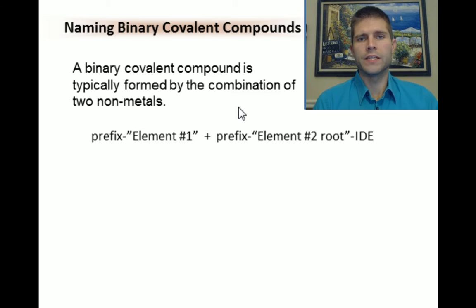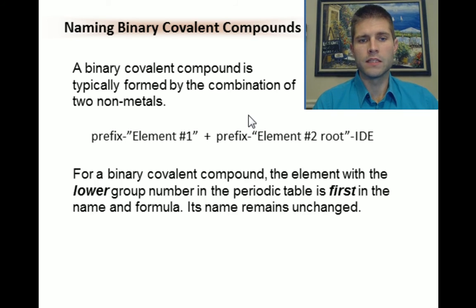Now, how in the world do we know which element we're going to be writing first? Because in the ionically bonded system, the cation is always written first. So how do we know which element is element 1 and which element is element 2 in the covalently bonded system? Well, we have very specific rules. There's a lot of rules in chemistry, and this is one of the kind of unique ones.